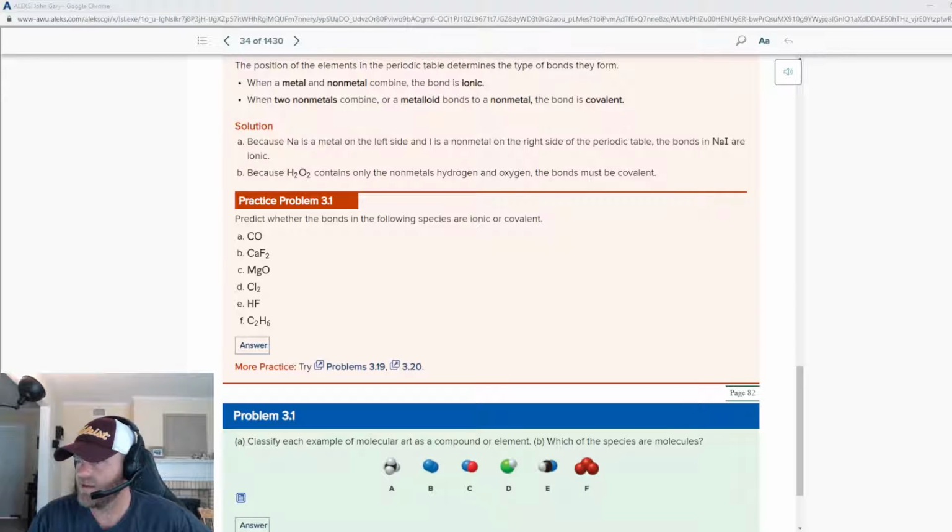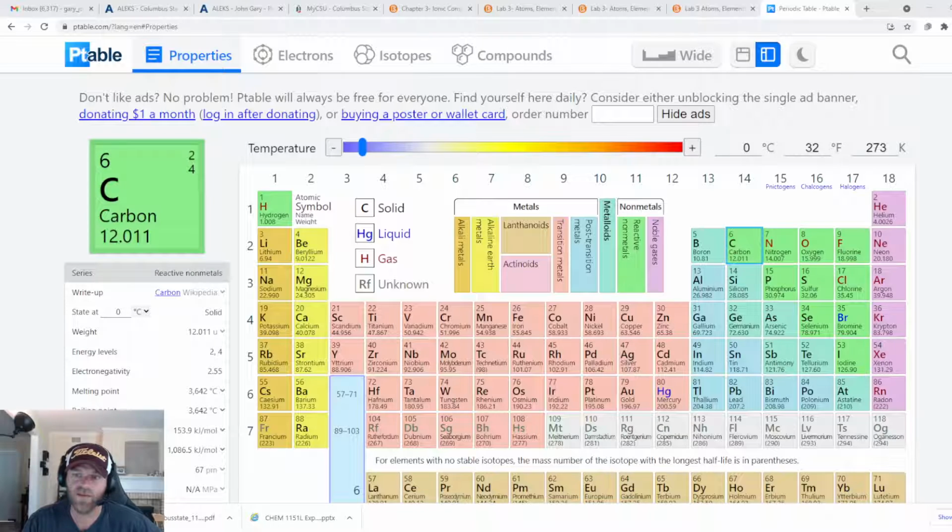All right, and then C2H6. So that's definitely covalent, just because the carbon and the hydrogen are very close in electronegativity, which is how much they want electrons. Both of them really like electrons, so they're not going to give it up as easily.